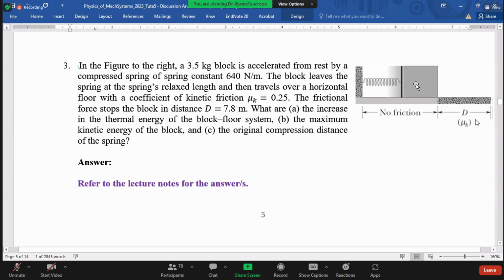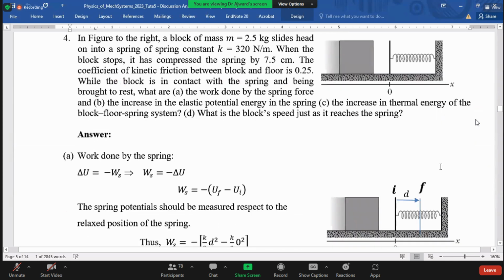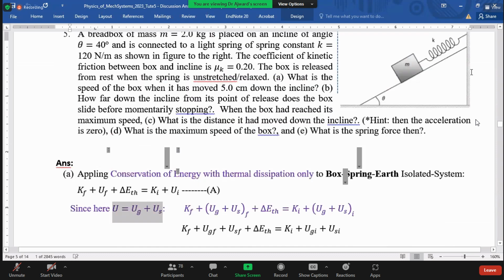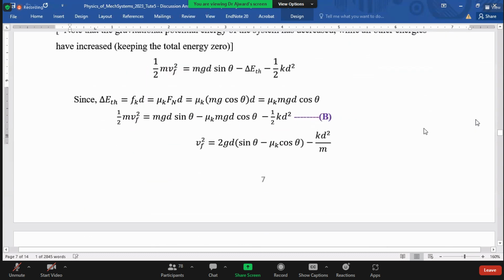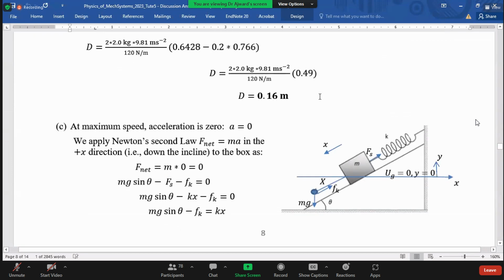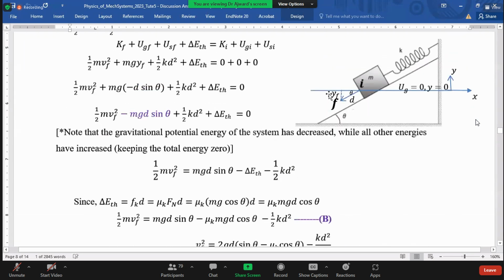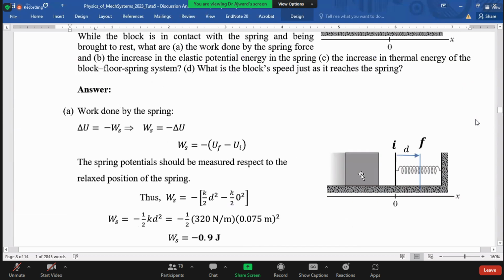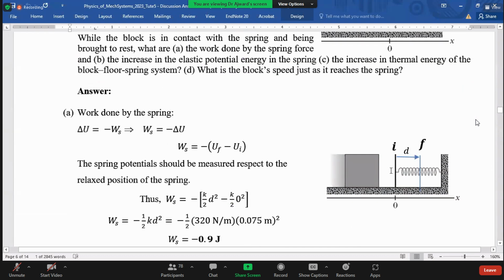The block moves, right? But in these problems, you have to consider the gravitational because they are moving on an incline, right? So there's effect from the gravitational potential, but here there's no effect on the energy.